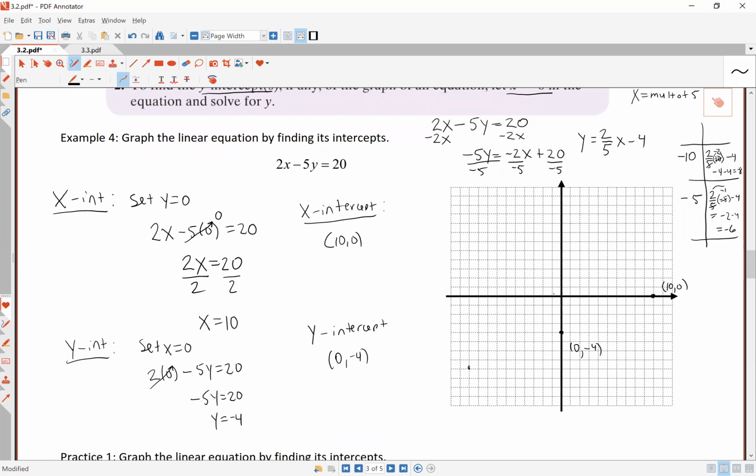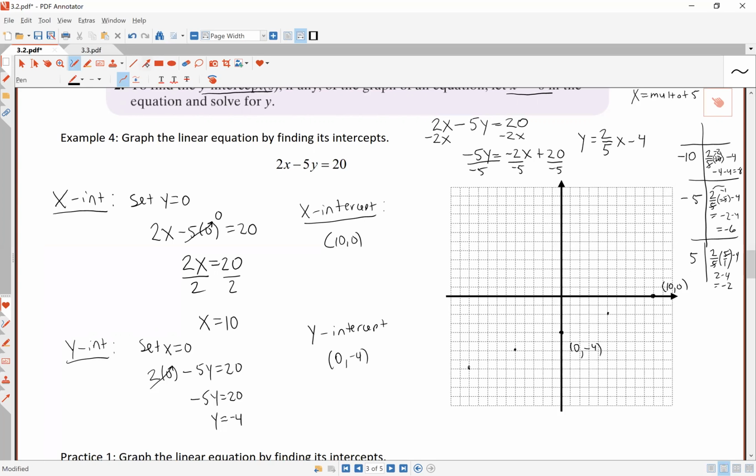So we go over to -5 and go down 1, 2, 3, 4, 5, 6. And the last one, plugging in x equal to 5, we have 2/5 times 5 minus 4, and the 5s will cancel. That's 2 times 1 minus 4 is -2. So we go to 5 and -2.